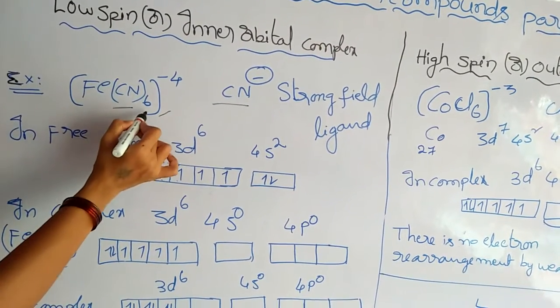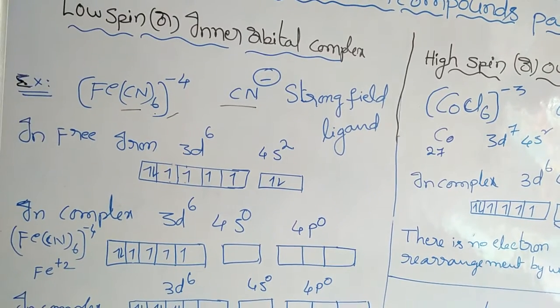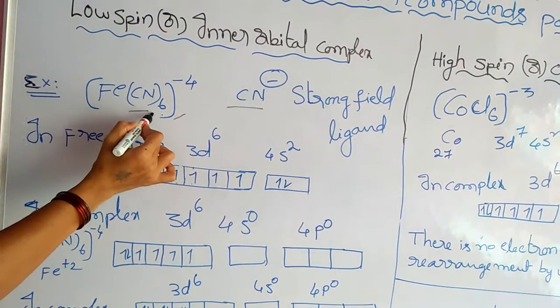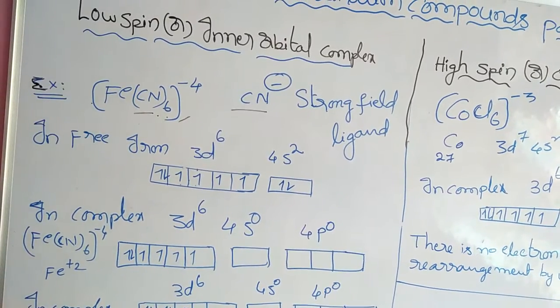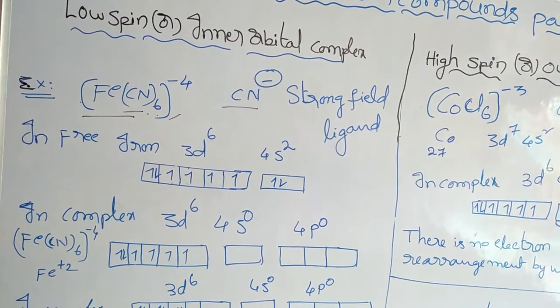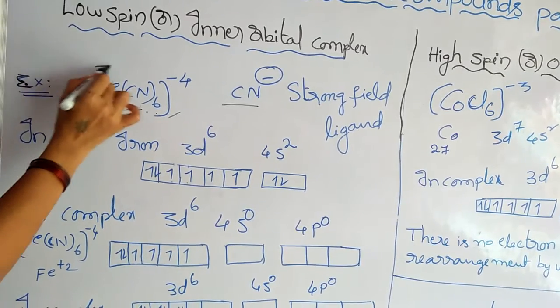So that's why it is the hexacyanoferrate(II) complex. In this complex, iron has a plus 2 charge.